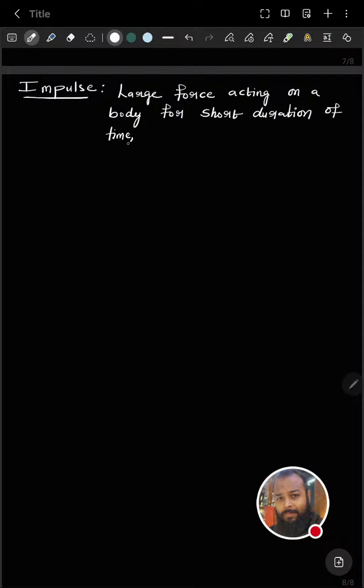If you strike a hard slap, and it makes a sharp sound, that is called impulse. Impulse is large force acting on a body for short interval of time, for short duration of time, which causes finite change in momentum.